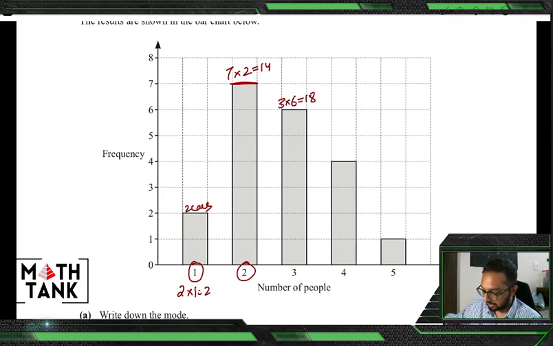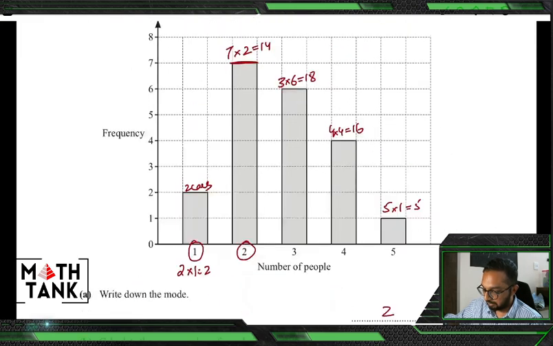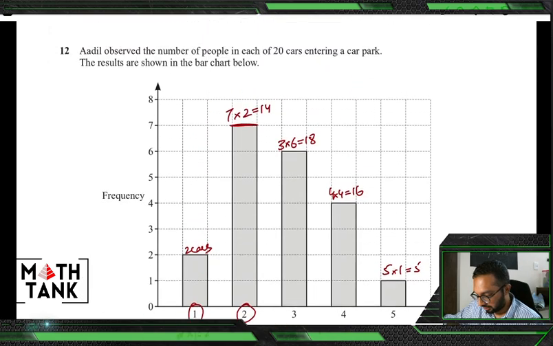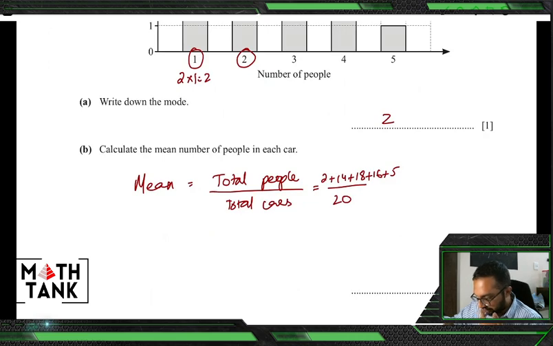I'm going to say that this is basically 2 plus 14 plus 18 plus 16 plus 5. Okay, I think that's it. Let's add them up.